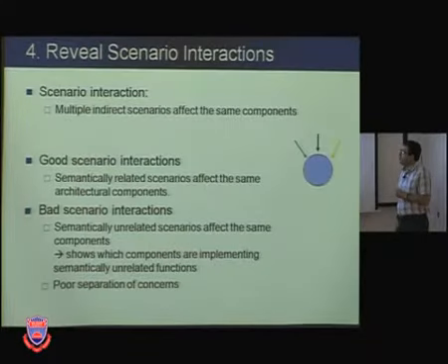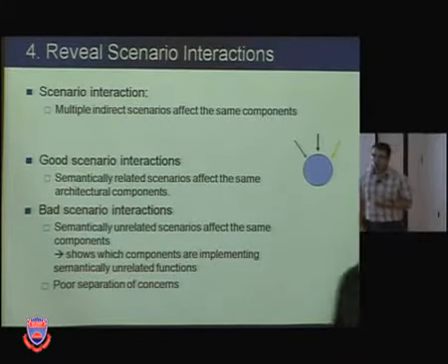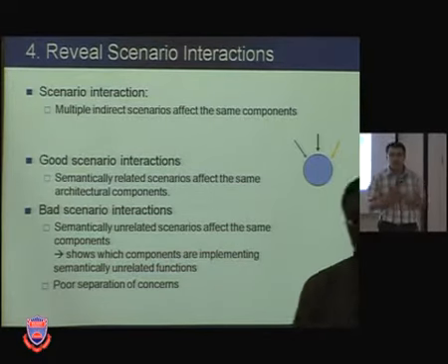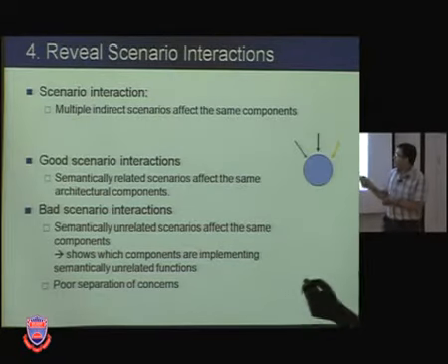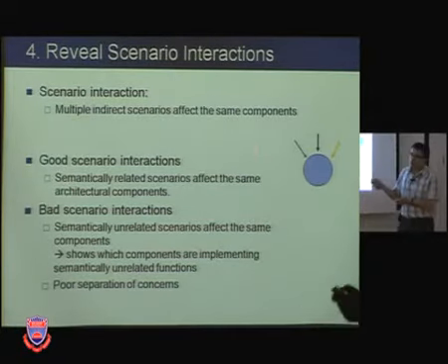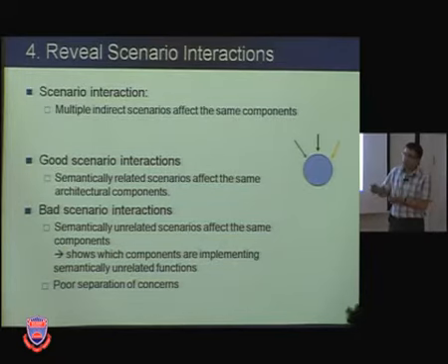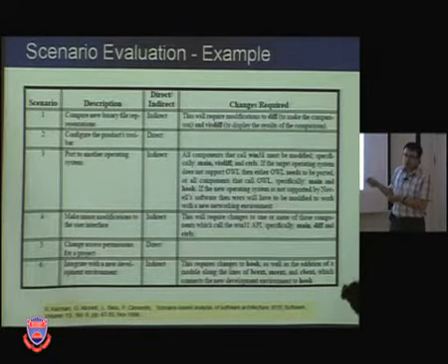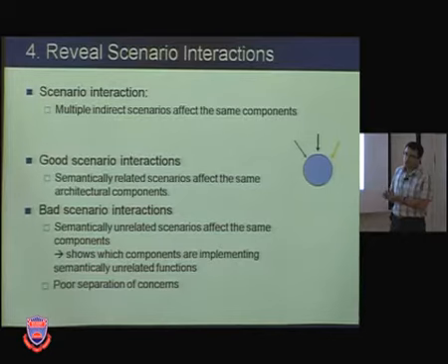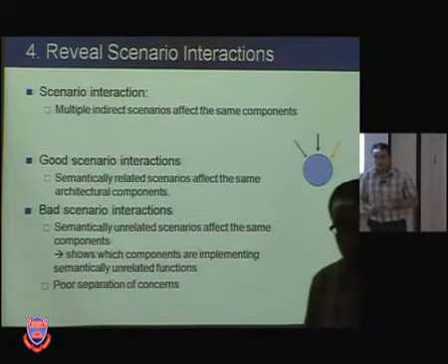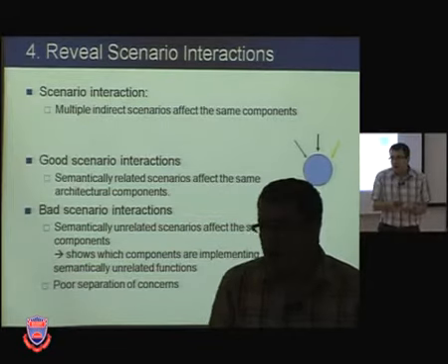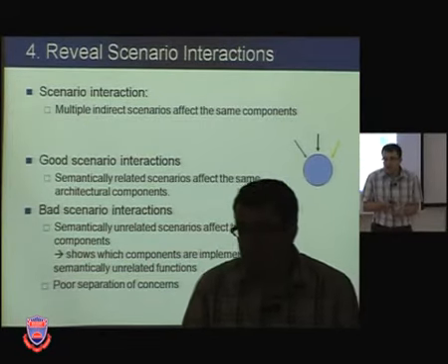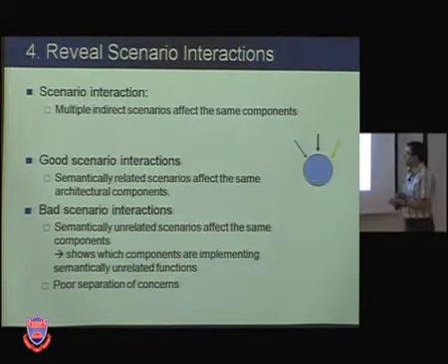In the fourth step, we look not from the scenario perspective, but from the component perspective, the architecture component. This is actually followed by a causal relation. You first do this step, and then you can do this step, because in this step you look at each architectural component and check how many scenarios interact in that component.